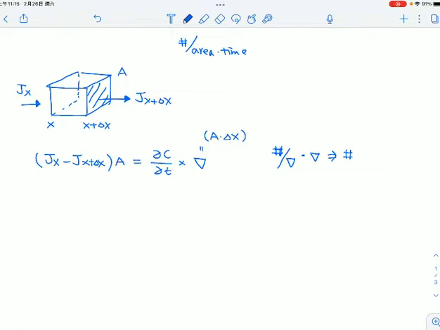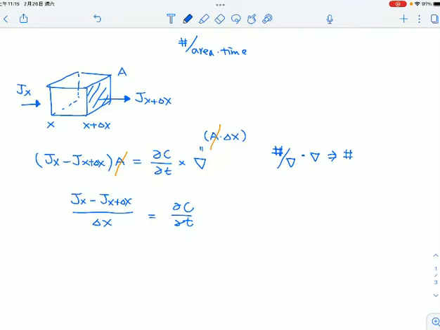If you just simply delete the A and move the delta x here, Jx minus Jx plus delta x over delta x equals partial C, partial t.